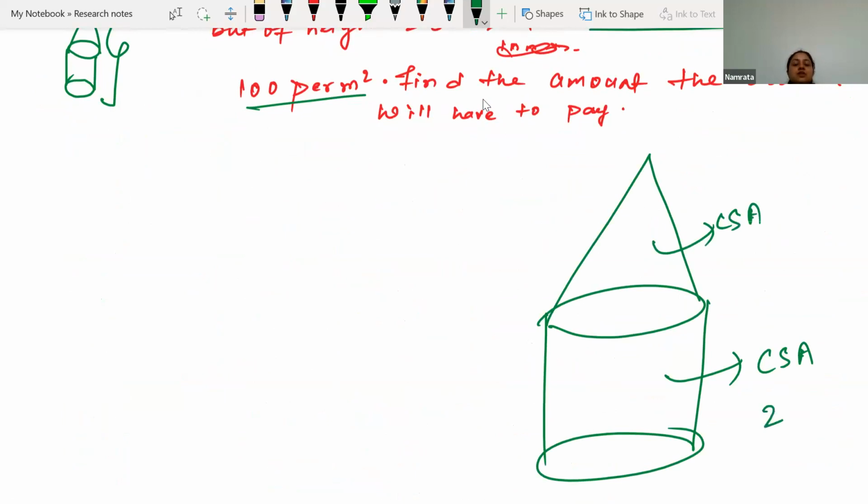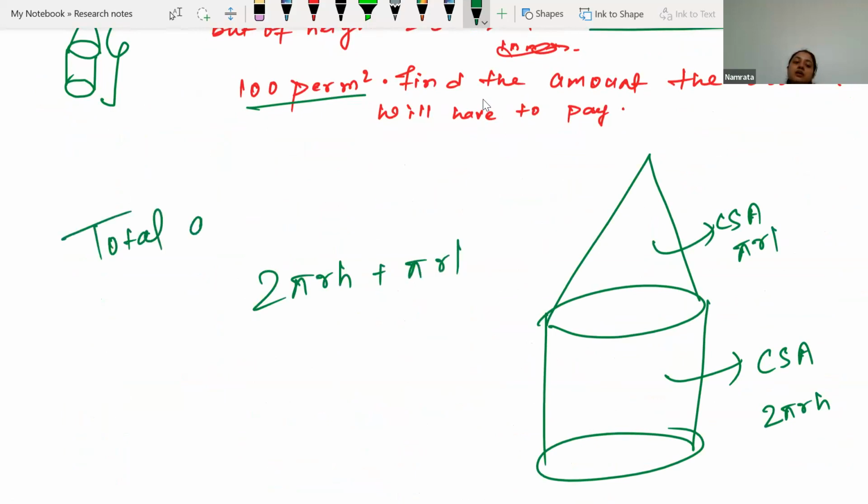The curved surface area of this one, the formula is 2 pi rh. The surface area of this one, the formula is pi rl. Once we add 2 pi rh plus pi rl, we get the total area of the canvas used for the tent. Right? Yesterday only we have discussed that.